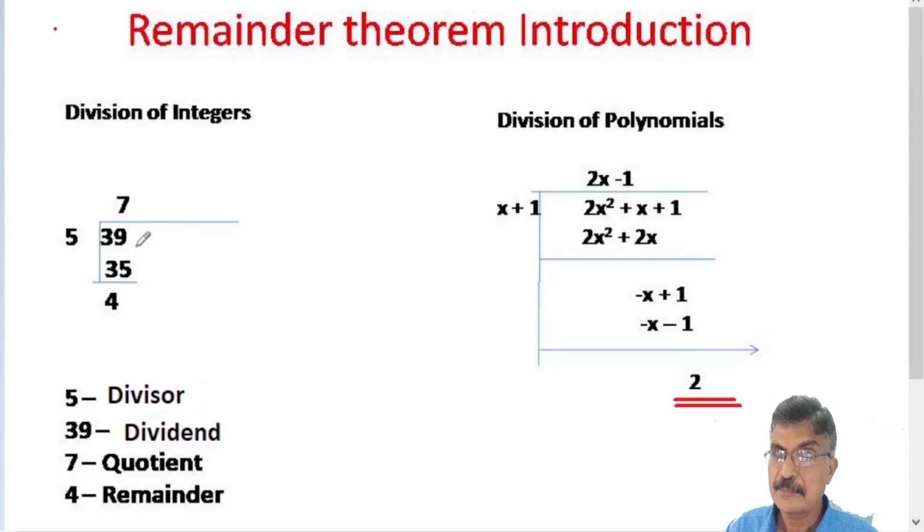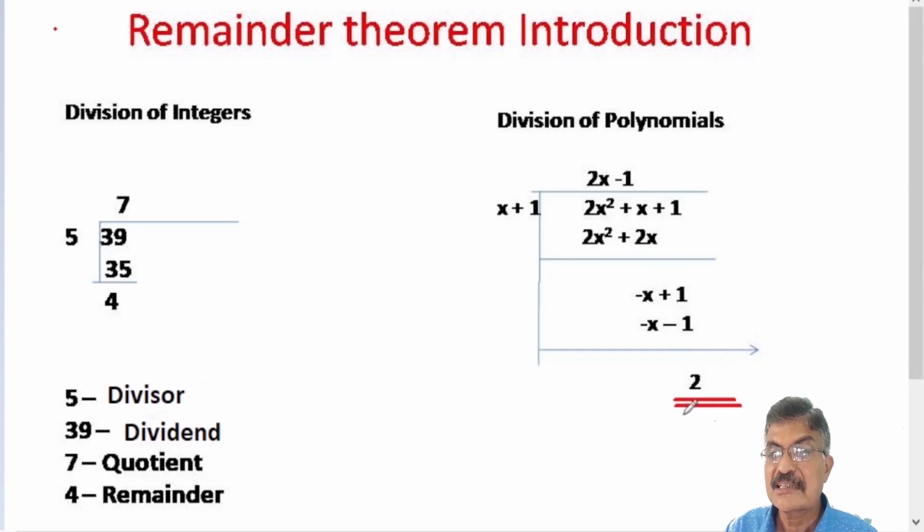The same case is true for division of polynomials. If the remainder turns 0, then the expression in the divisor is a factor of this dividend.